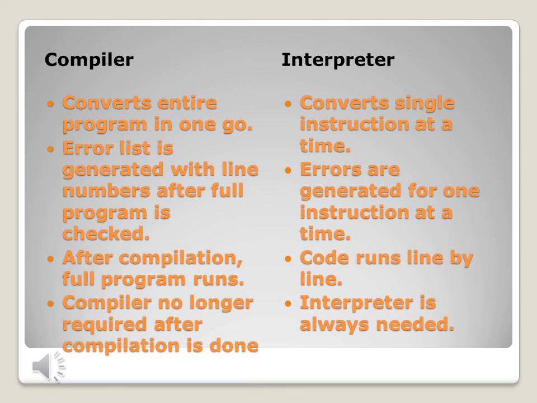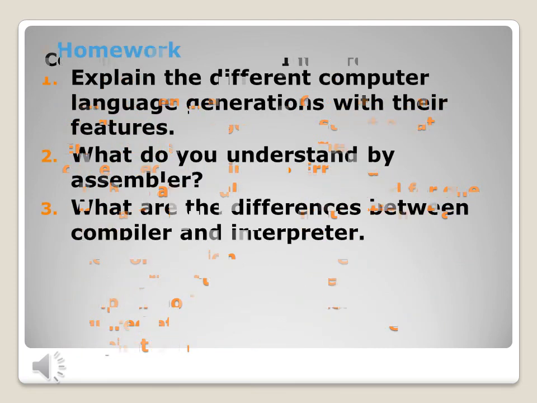While if we are using an interpreter, then the interpreter will be required for each and every line every time we run the program, as the interpreter converts the program one by one, that is line by line.